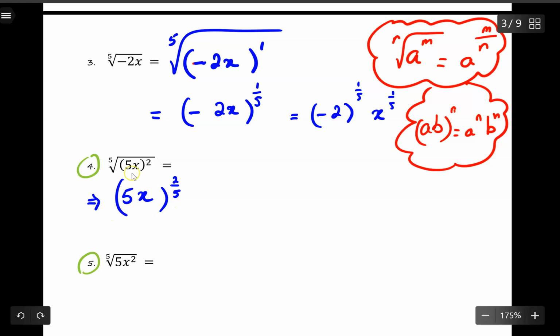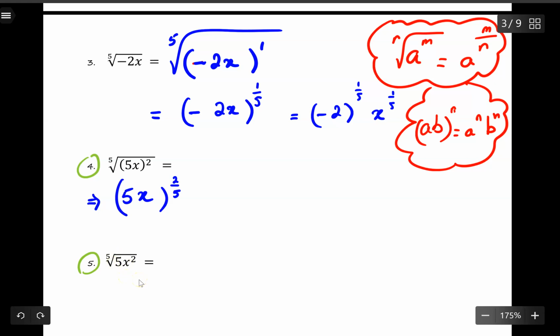The difference is that I have 5x in the brackets, all of it raised to exponent 2, but for question number 5, the square is only for x. It's not for the number 5, because I don't have the bracket in this case.